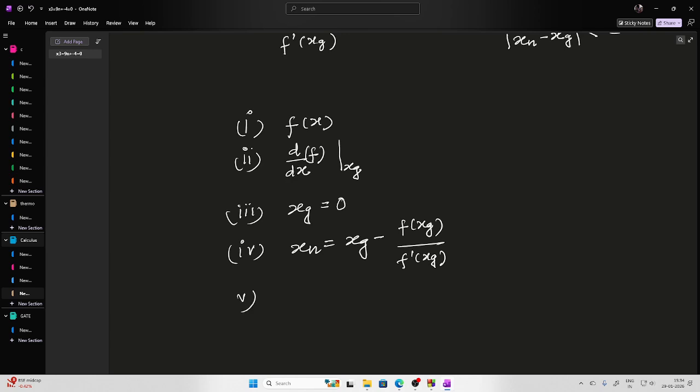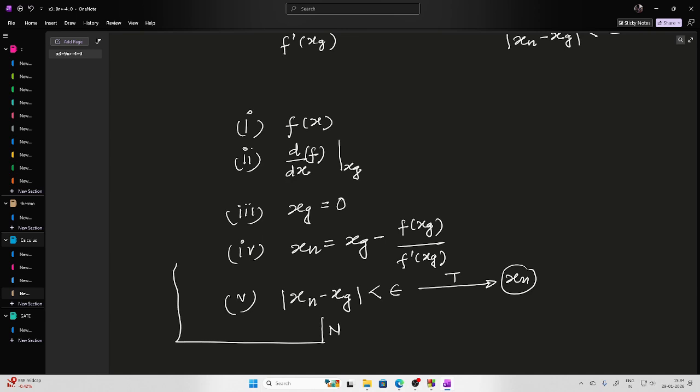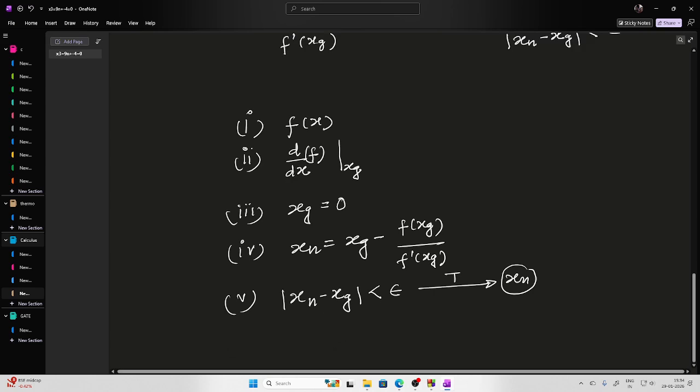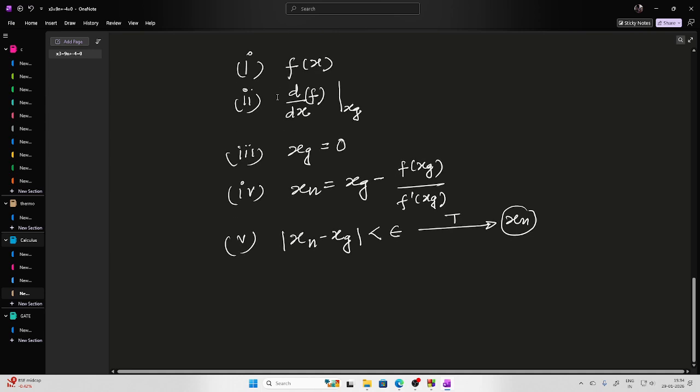Once this is done, you evaluate the error, that is the absolute difference. If this is less than epsilon, if this is true, then xn is your answer. If not, then there is something missing.